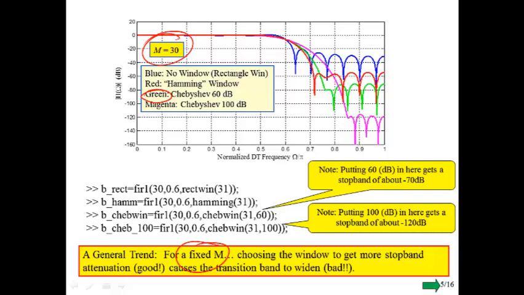That is a fundamental trade-off in all of these designs. It's very hard to get both. But we could make this transition band narrower if we went to a higher value of M. So the design of this is a lot of trial and error, at least using this method of FIR1.